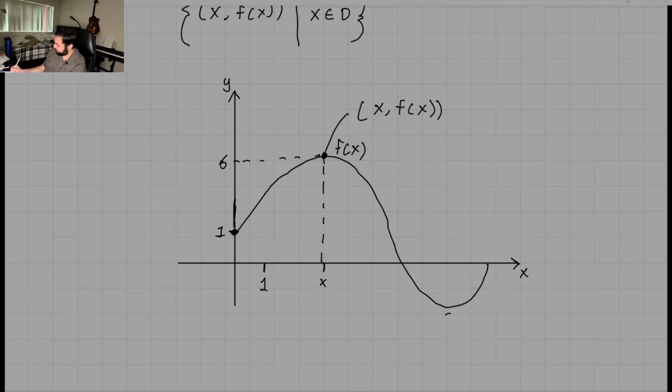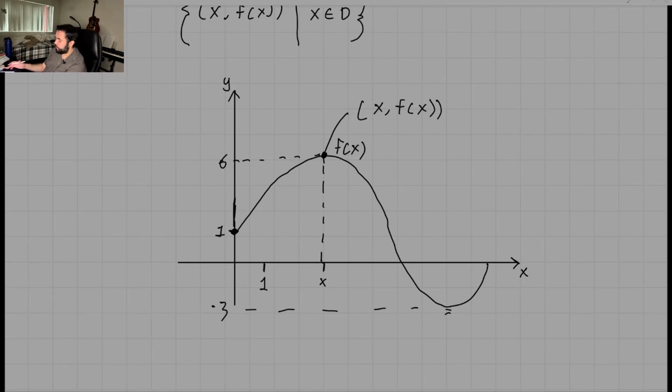And then our minimum output that our function can have, which is right here, is -3. We can see a visual representation of what values our output can take. We can also see a visual representation of what values our input can take.